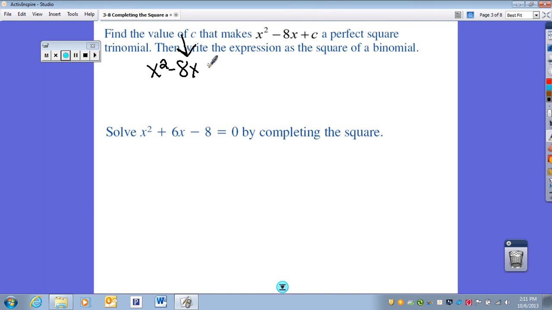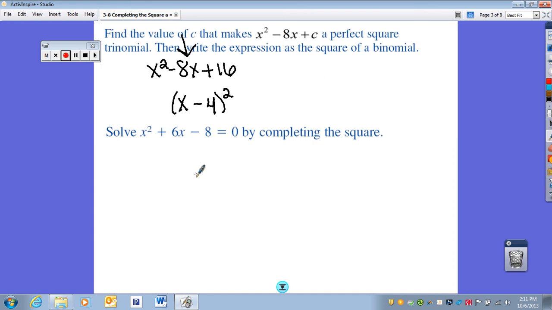Negative 4 squared is 16. This creates our perfect square trinomial, and when we factor it, remember we take the square root of x squared, which is x, the square root of 16, which is 4, and we use the middle sign, and that would be the factoring of our perfect square trinomial to write it as the square of a binomial.